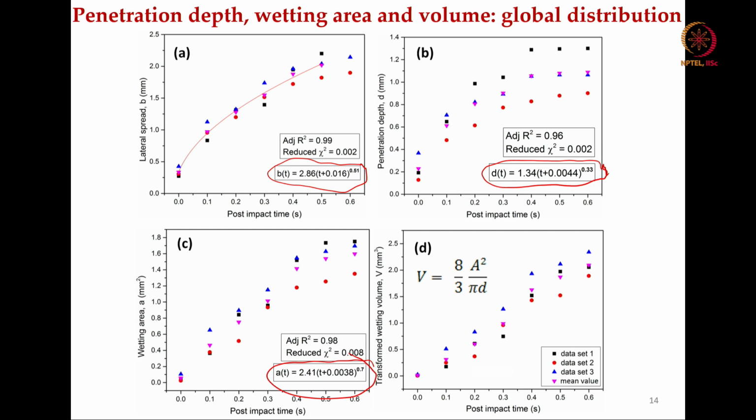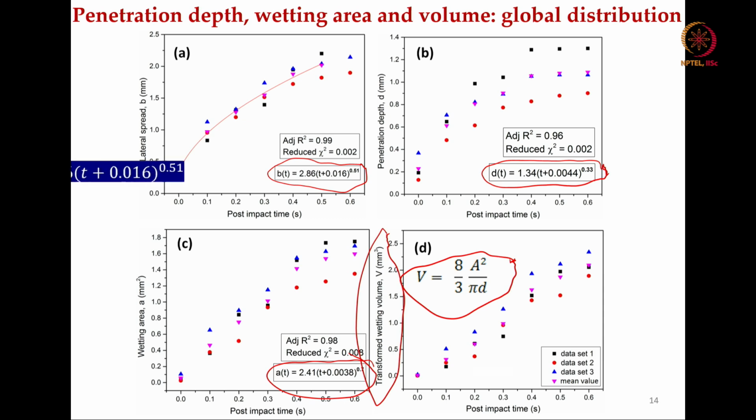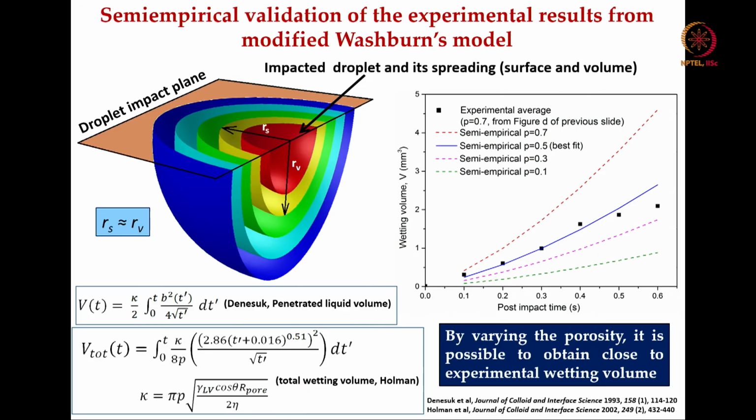And the transformed wetting volume, V is equal to 8 by 3 a square by pi d. So this is the volume that you get, right. As I said before, a few researchers have made attempts to provide some theoretical understanding of binder jet printing.